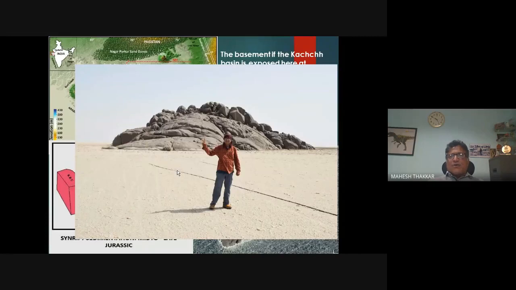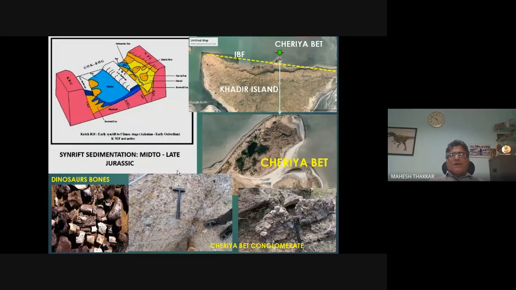We are now going for the dating of this syenite, whether it is Precambrian or early pre-Deccan activity, but it is still a question. But as per the Biswas model, it is Aravallis exposures.